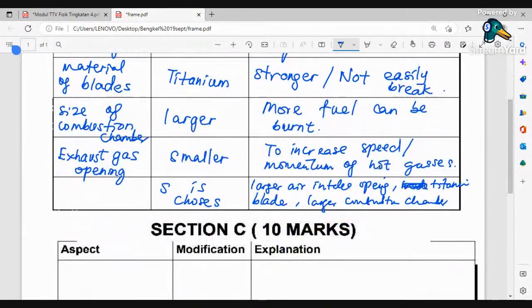Okay, and then smaller exhaust pipe. Okay, just salin balik saja yang sebelah sini ya. So choice of your choice tulisan saya sana. S is chosen, yang dipilih, ataupun S is suitable kemudian. Chosen.